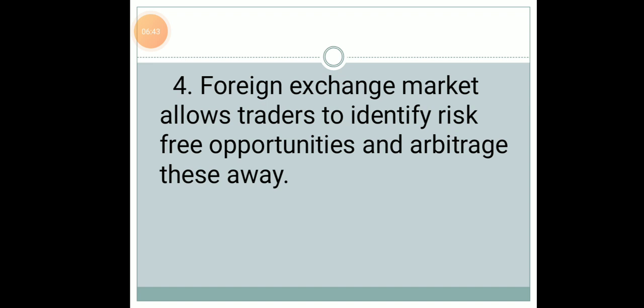Arbitrage is nothing but buying a commodity at a lower rate in one market and selling the same thing in another market at a higher rate. Say, for example, if you buy a chocolate in Sirsi at 50 paise and sell the same chocolate in Yellapur market for 1 rupee, that is called arbitrage.